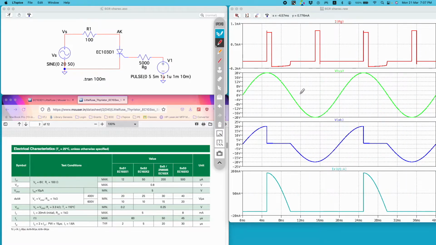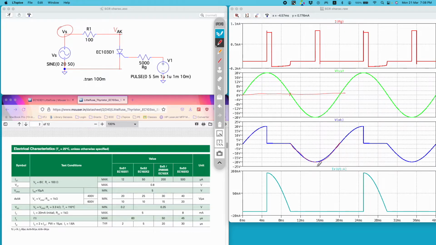When it becomes less than 0, that means this thyristor is reverse biased. So it again turns off, no current will flow, and the voltage at AK will be the same as Vs, right? Therefore you have the thyristor blocking the entire negative half cycle.